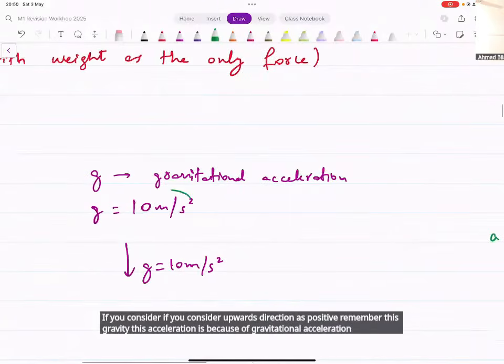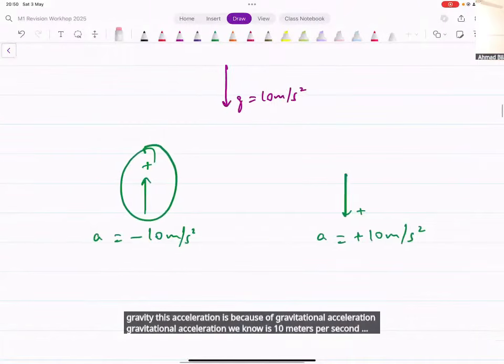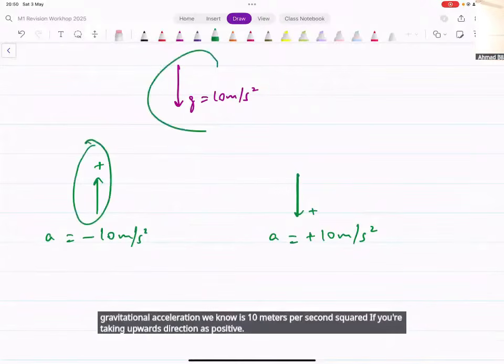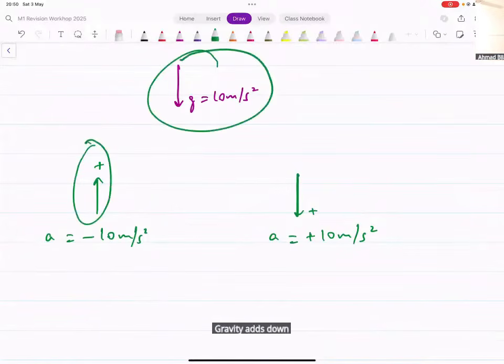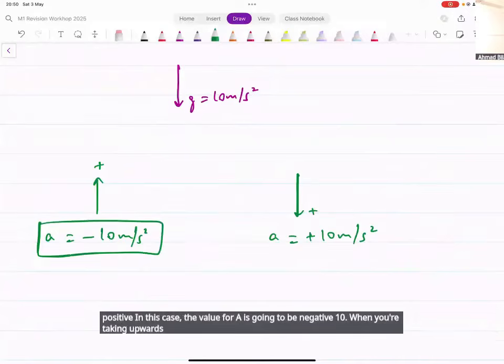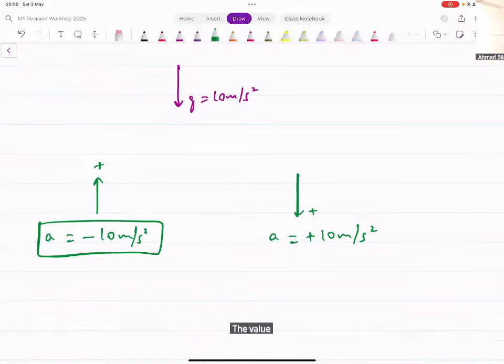Gravitational acceleration we know is 10 meters per second square. If you're taking upwards direction as positive, gravity acts downwards. That's opposite to the direction that you've taken positive. In this case, the value for A is going to be -10. When you're taking upwards positive, the value for A is going to be -10 here.